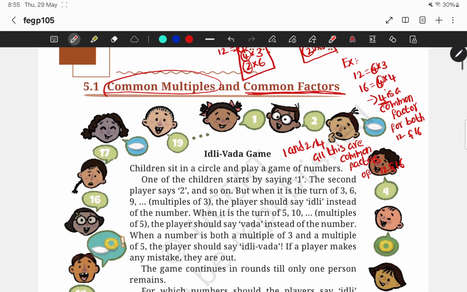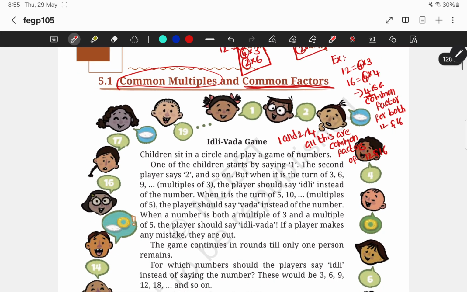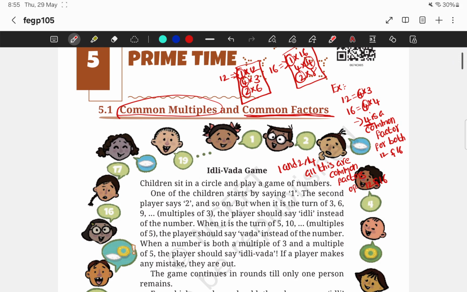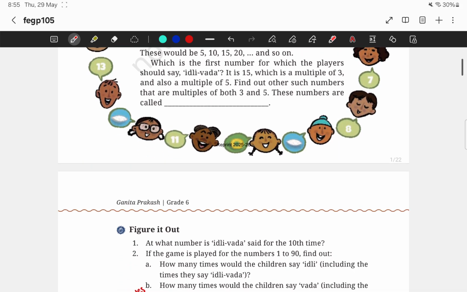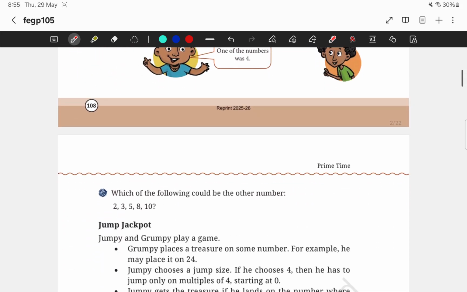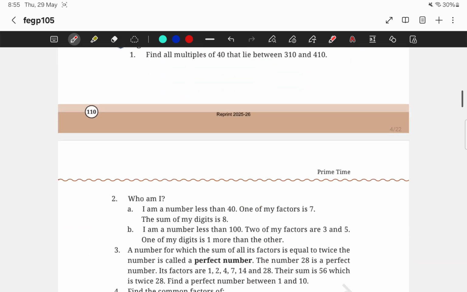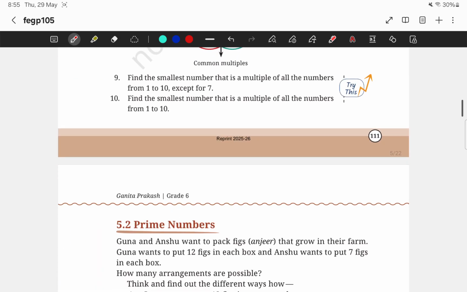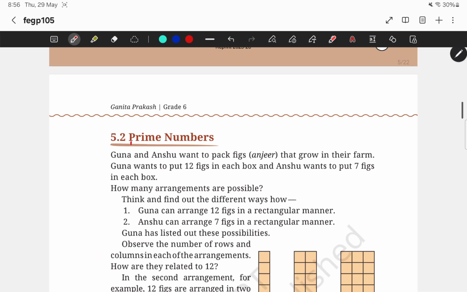I hope you understood both concepts, common multiples and common factors, and I'm moving to another concept: prime numbers.